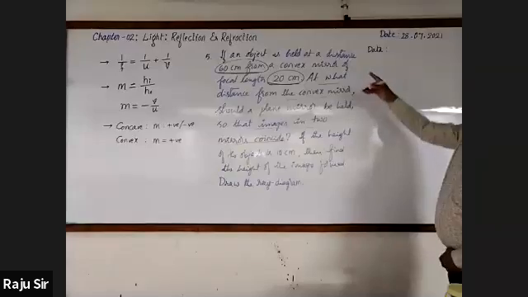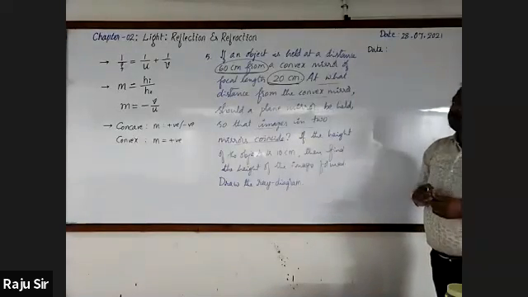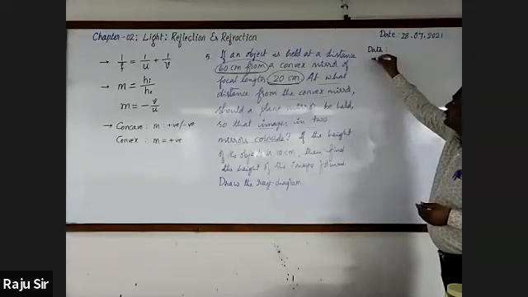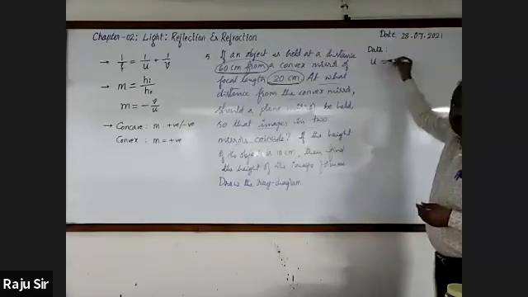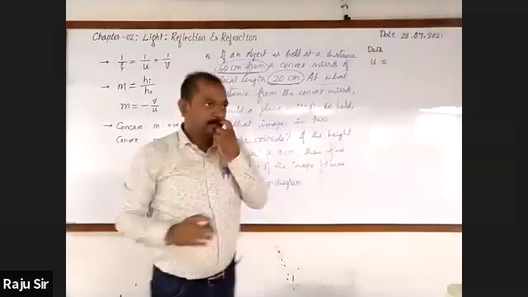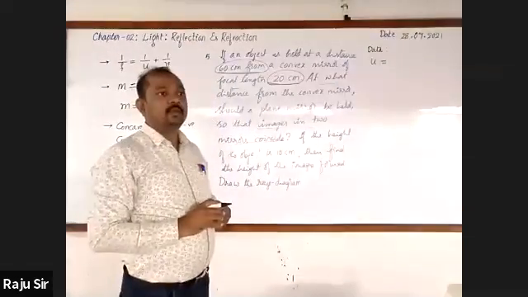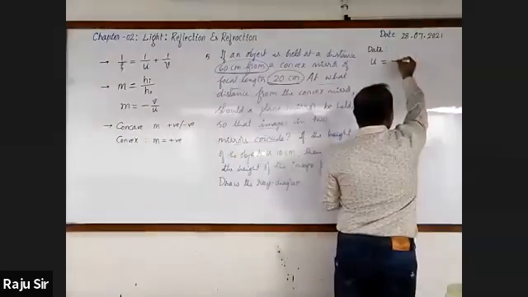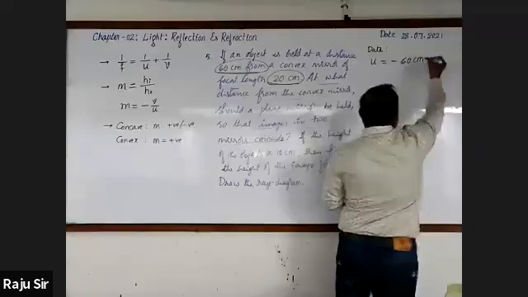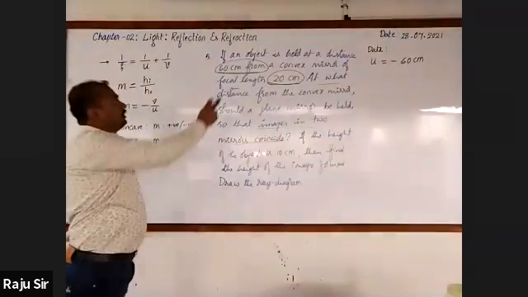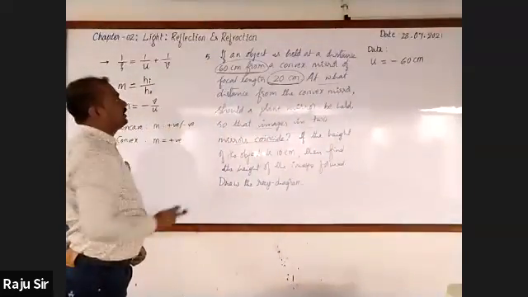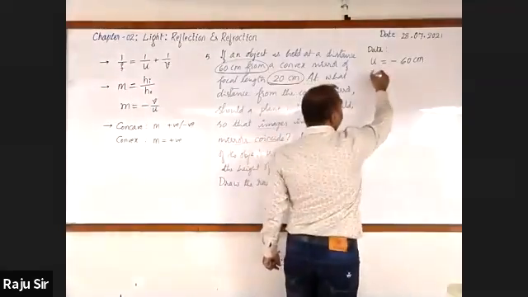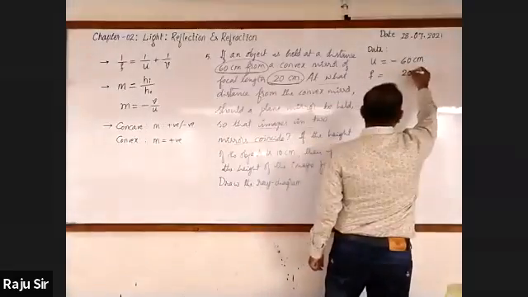The object is held at a distance of 60 centimeters from a convex mirror. What has been given? Object distance, which is denoted by u. u is equal to negative 60 centimeter. Next, from a convex mirror of focal length 20 centimeter, the focal length has been given. f is equal to positive 20 centimeter.